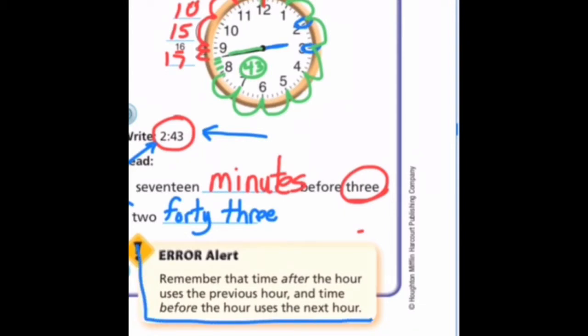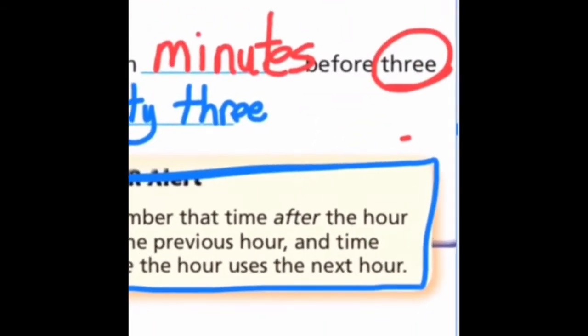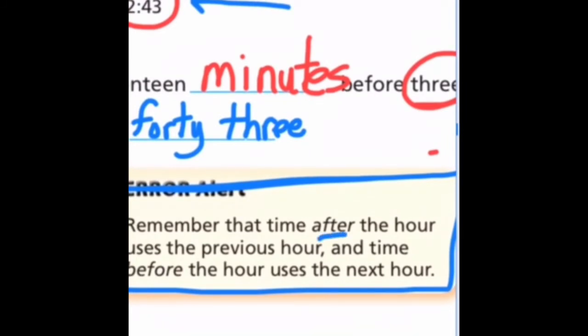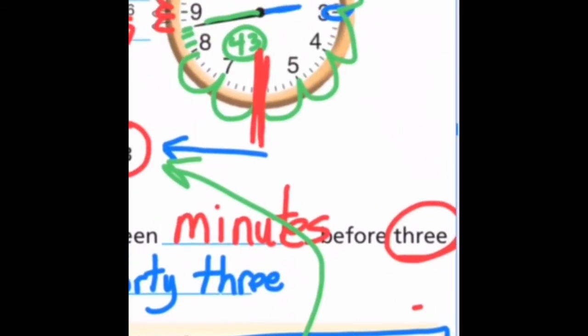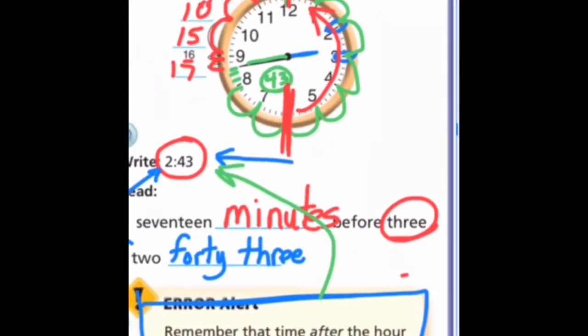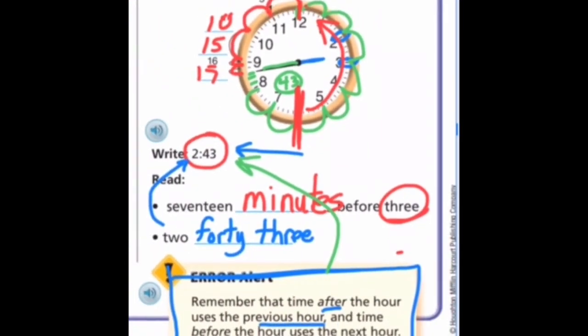Error alert. This is a big one right here. It says, remember that the time after the hour uses the previous hour. So in our example, it's 43 minutes after 2. Most people wouldn't say it that way, though. Remember, if the minute hand is before the 6, in this area, then a lot of times people will say after the hour, 10 minutes after 7, or something like that.